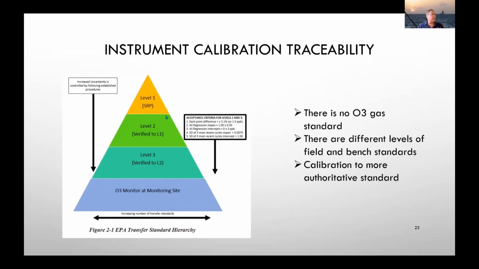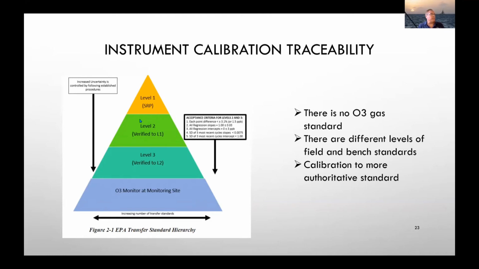The level 1 standard is a standard known as a standard reference photometer. There are a number of these around the country, and they're maintained by different agencies. But South Coast Air Quality utilizes the SRP located in Richmond, California, and it is maintained by EPA at that location. We regularly bring our level 2 bench standard to that location once a year to have it certified and verified against this level 1 SRP.